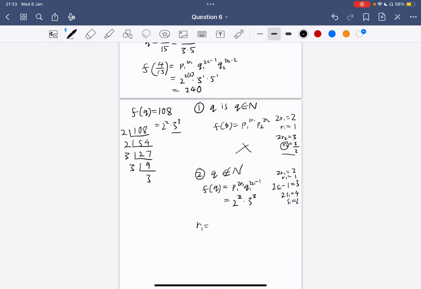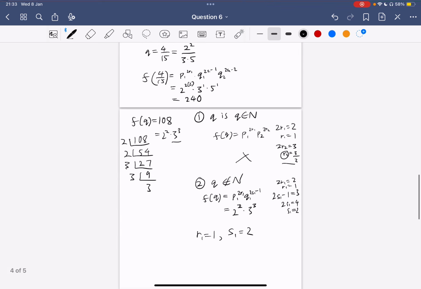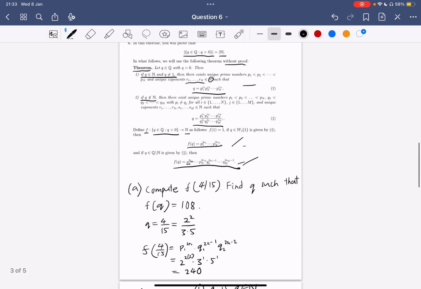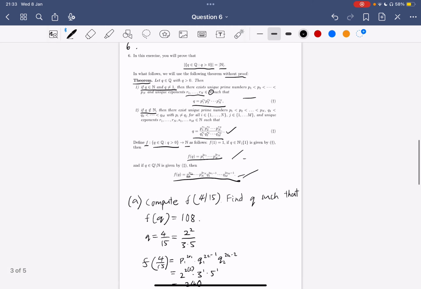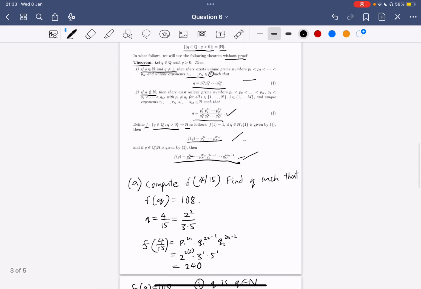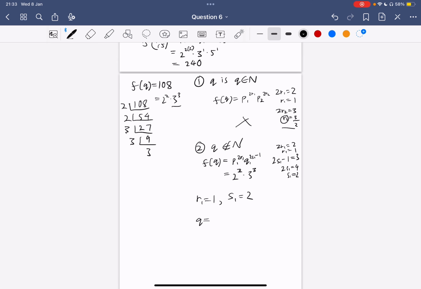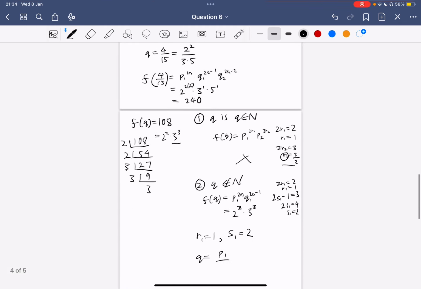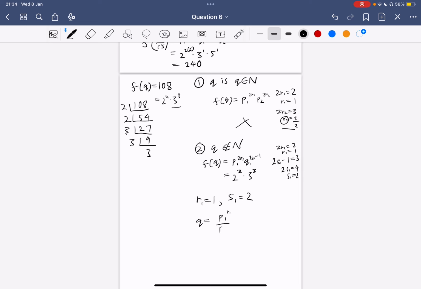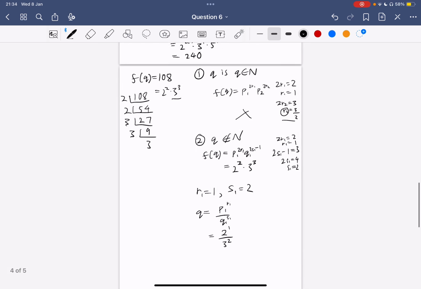And so now that we know r1, which is 1, and s1, which is 2, and we know that q cannot be a natural number, so it has to be given by this equation. If we do that, we will have p1 is 2, r1 is 1, q1 is 3, and s1 is 2.